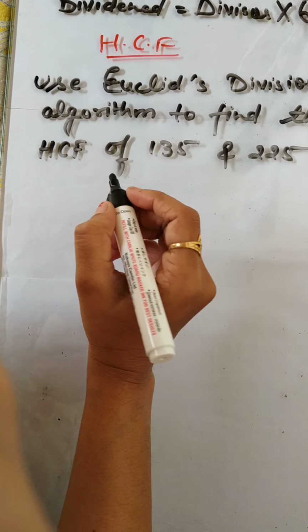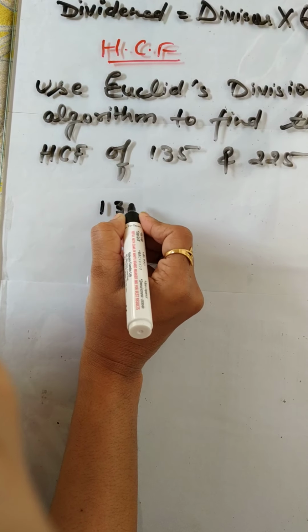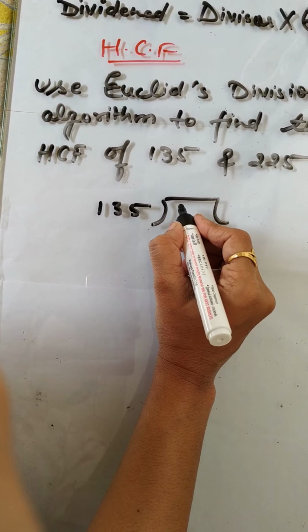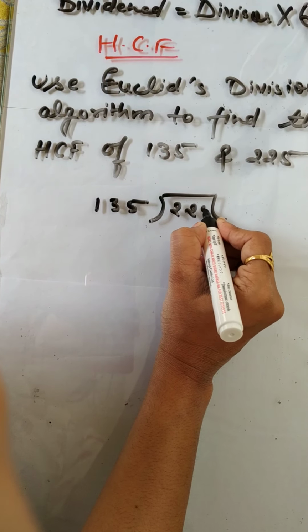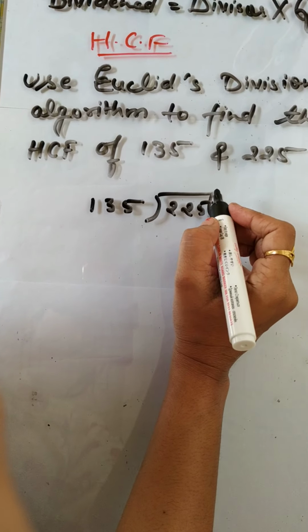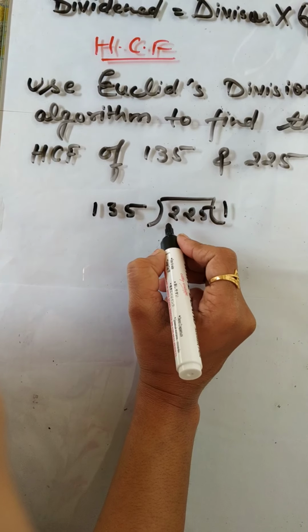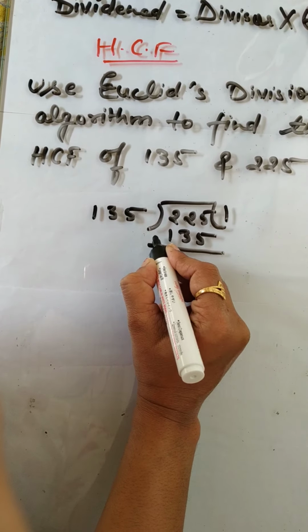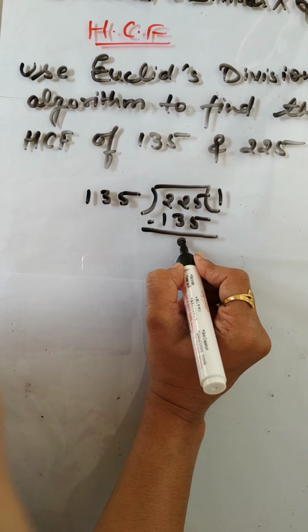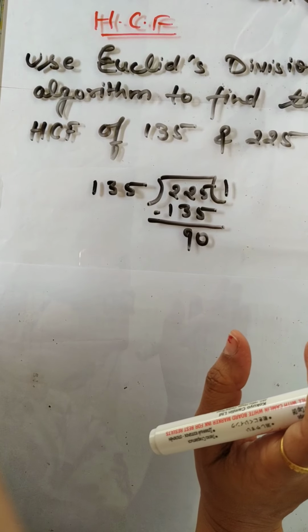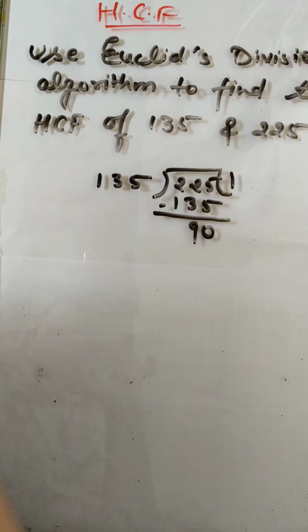Now we start the procedure. 135 is our divisor and 225 is our dividend. Here the quotient is 1 and it will become 135. The subtraction of these is 90. Now our remainder is not 0, so we can't stop.